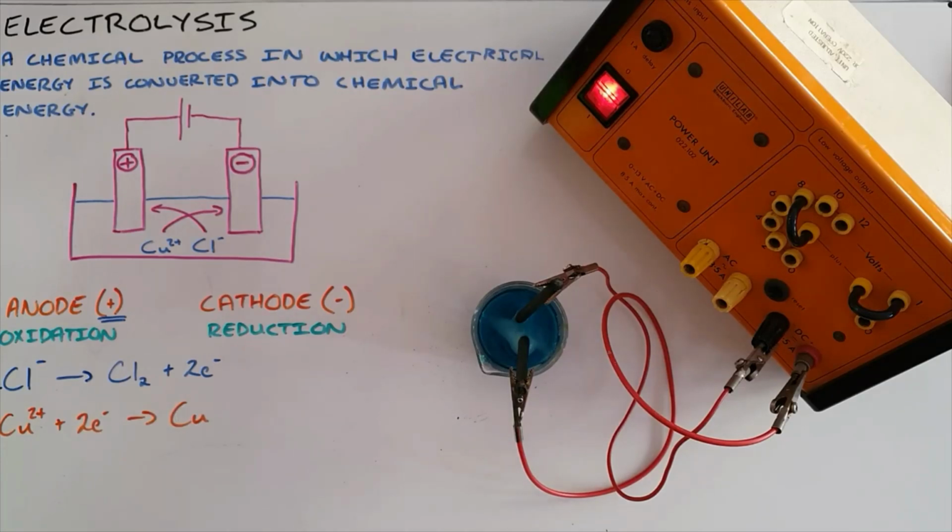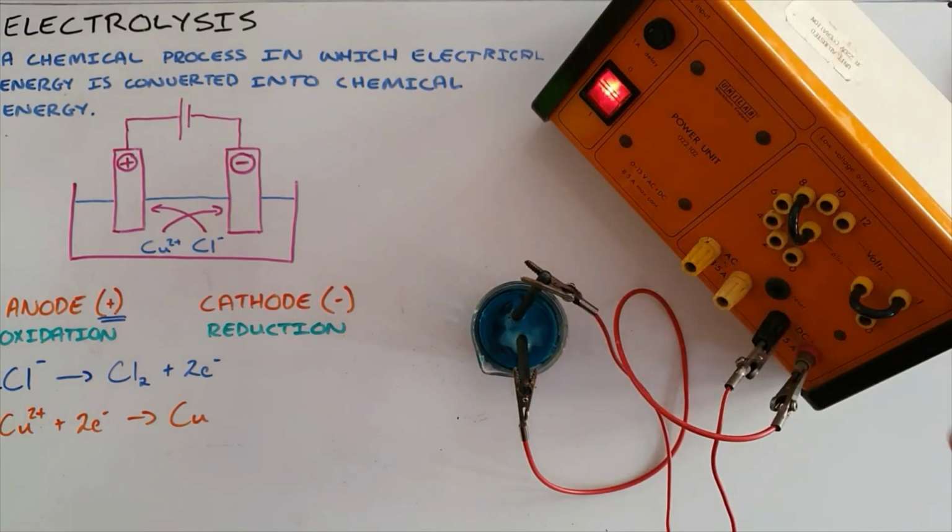And then obviously it is very important that we have a power supply unit to move the electrons in the direction that we wish, and it is no longer governed by our table of standard reduction potentials, using that to determine which reaction is spontaneous and which is not.